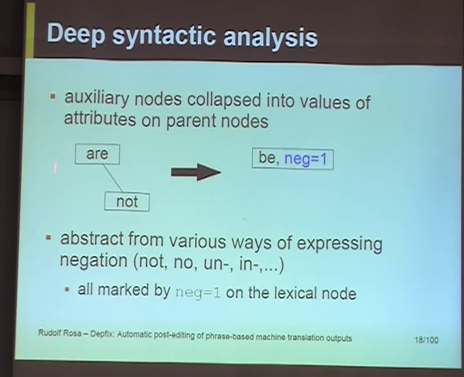So here, this is in the dependency tree are not, but on the deep syntax layer, we just can have attribute that tells us, okay, this node is negated, and we do not have to worry about the different ways that the negation can be expressed in. This is actually quite an optimistic view because the analysis to the tectogrammatical layer is not as perfect as that, so it needs some messing around, and this is basically the idea how to do it.